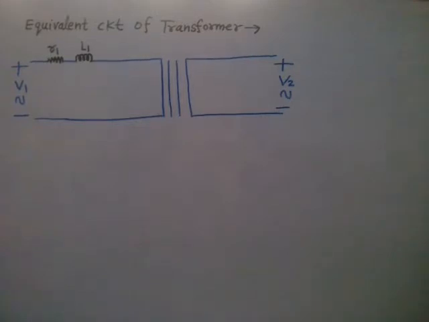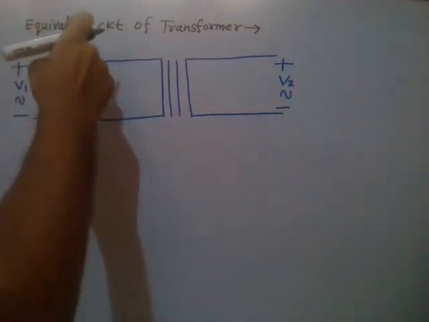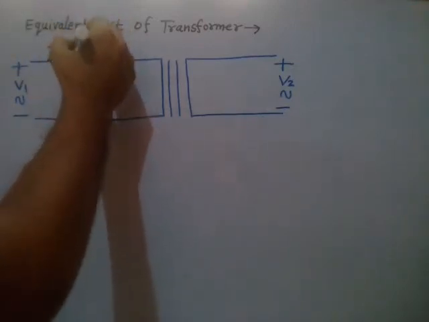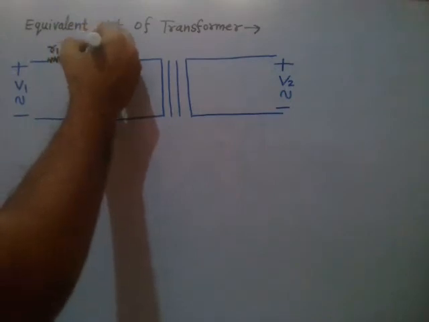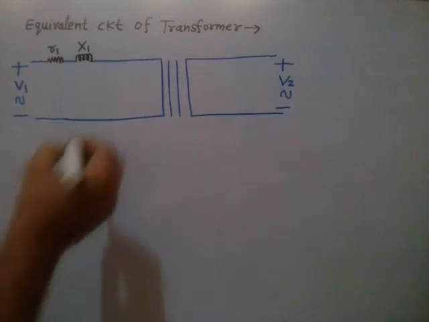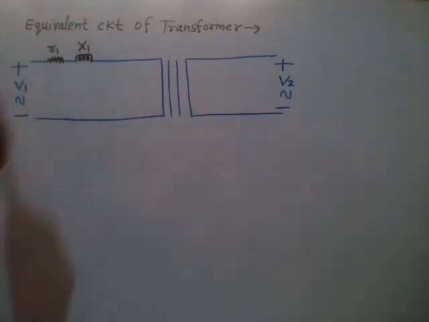So in place of L1, you can also write X1. That is the primary winding parameter, right? So X1 is 2 pi f L1, right? So this is the representation of primary winding resistance with the inductance, right?